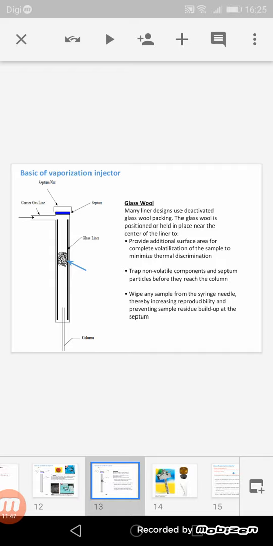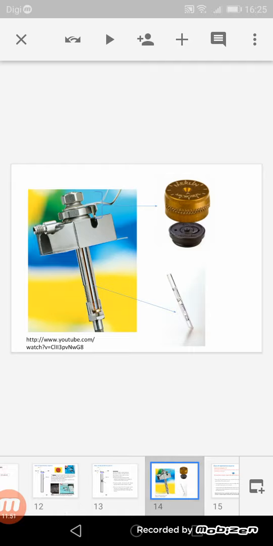Okay, so these are the example of the column here.